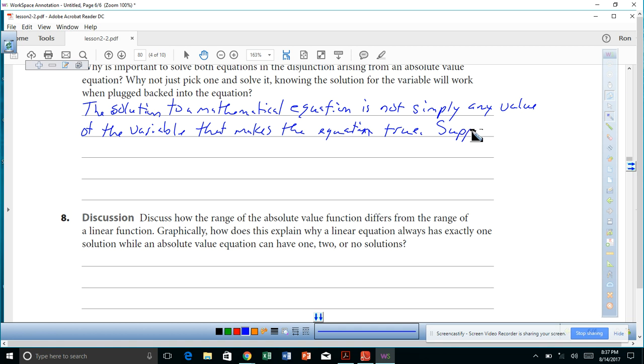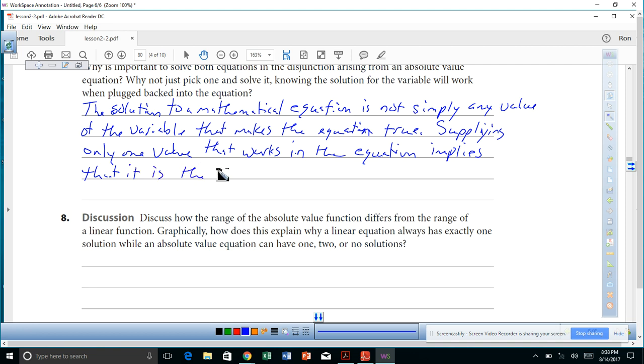Supplying only one value that works in the equation implies that it is the only value that works. Which is incorrect.